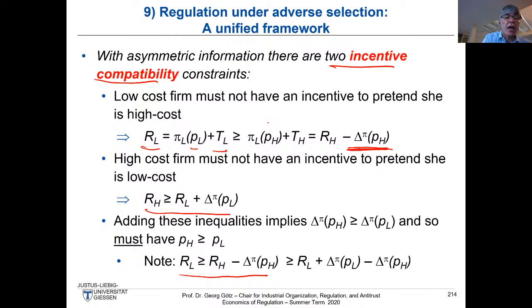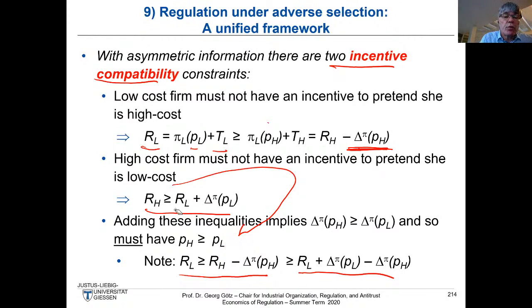And at the same time, we know that R_H must, from this condition, be at least R_L plus delta pi of P_L, or we can just substitute that here, and so we can get this here: R_L plus delta pi of P_L minus delta pi of p_H. That's what we get here.